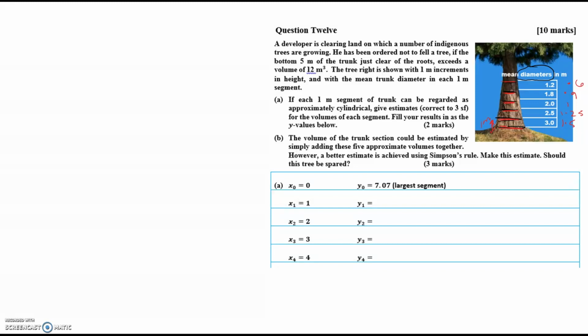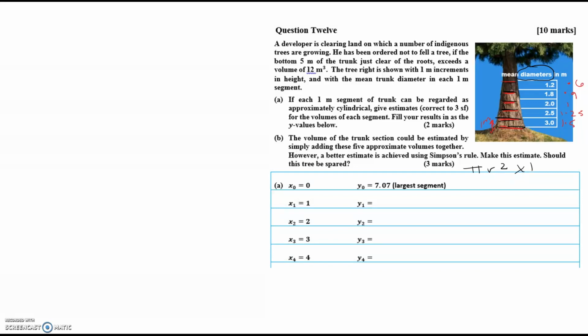Okay, we have a circle, or near enough to a circle, radius 1.5, so we need the area of the circle, which is pi r squared, and then it's a depth 1, so each time we're just going to multiply it by 1. So we've done the first one.